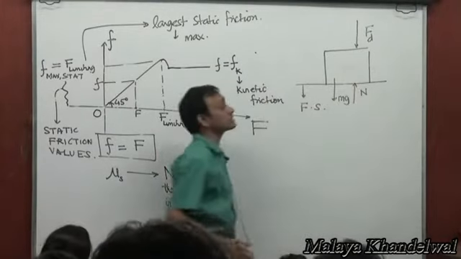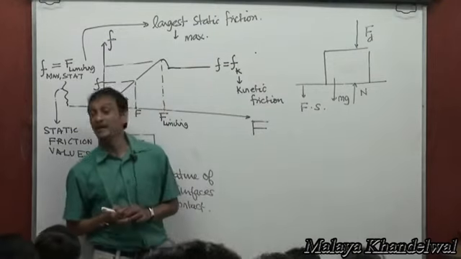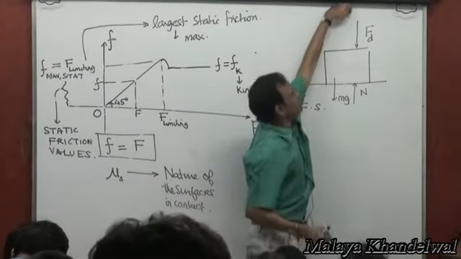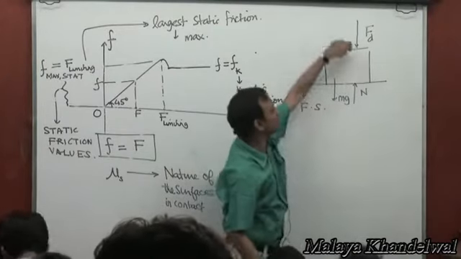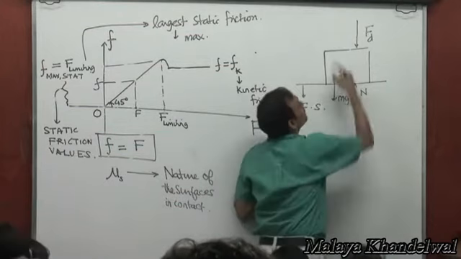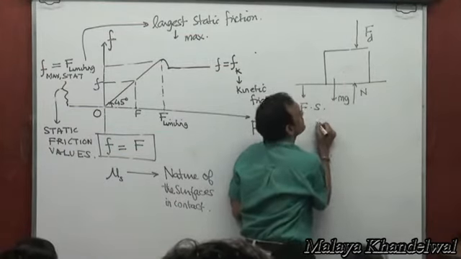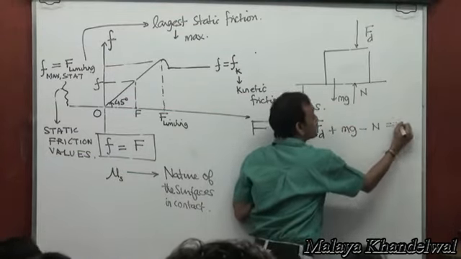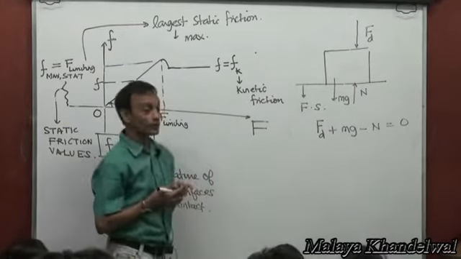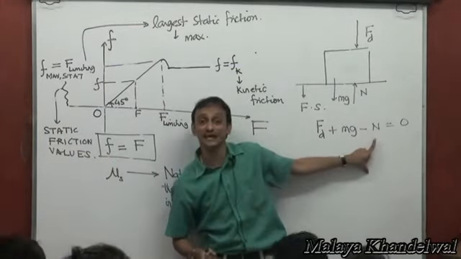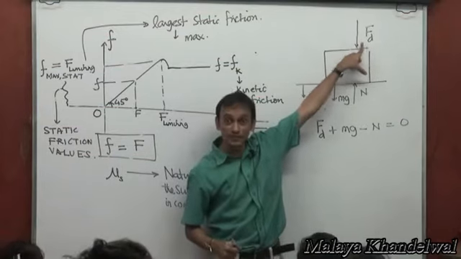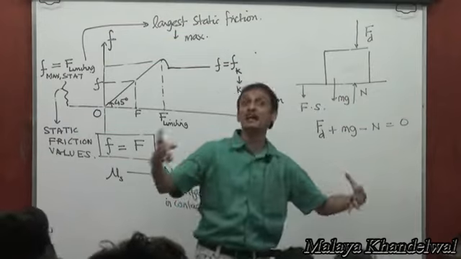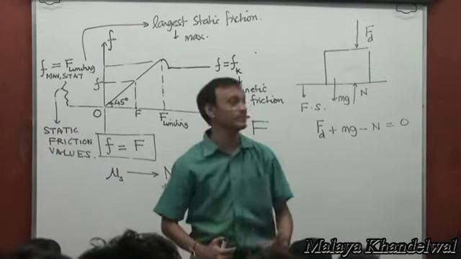In this case, N will no longer be equal to mg. If there is no net vertical acceleration, and if you apply an external force downwards, then in the vertical direction, we must have Fd plus mg minus N equal to 0. So now again N has changed, right? Because there was a force Fd acting. Between the same pair of surfaces, the normal reaction changes. So maximum static friction would also change its value commensurately.